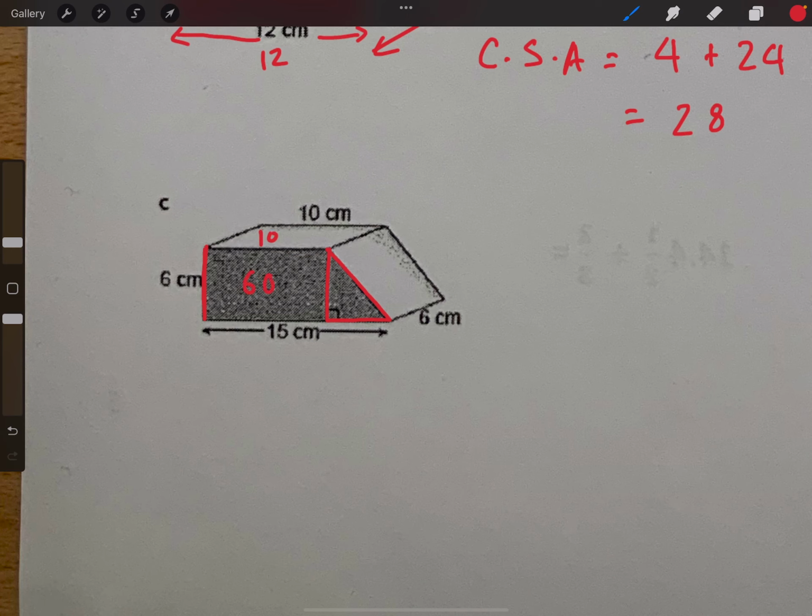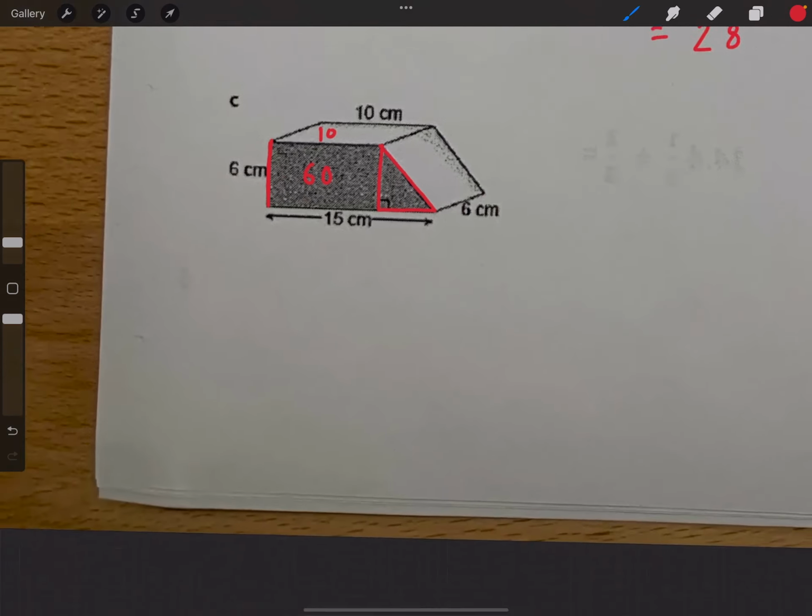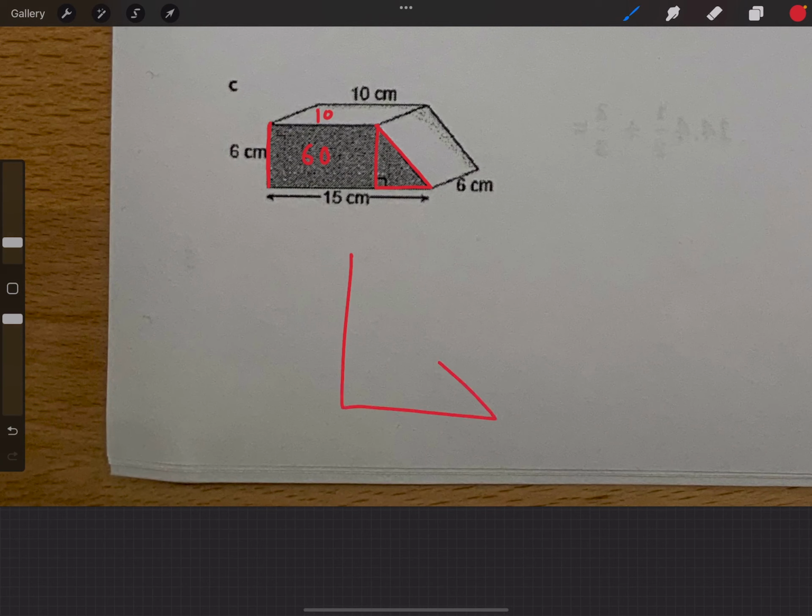Now we need to find the area of this triangle. How do you find the area of the triangle? Let's see. Well, I'm just going to redraw the triangle down here. This is a right angle triangle. Now, what's the height of this triangle? The height here is the same as the height here, and that's equal to 6.